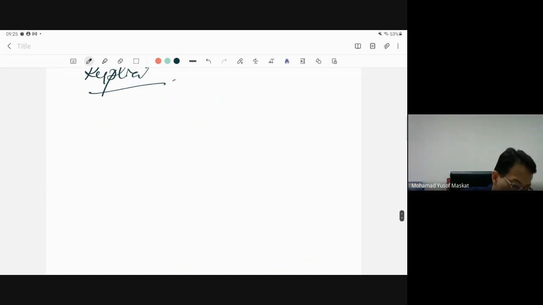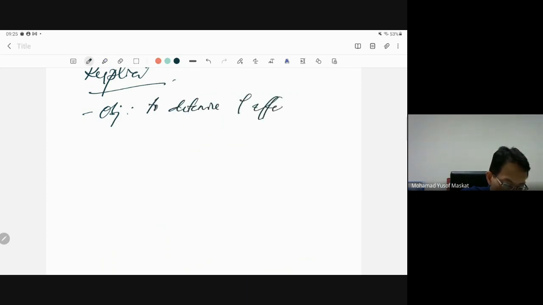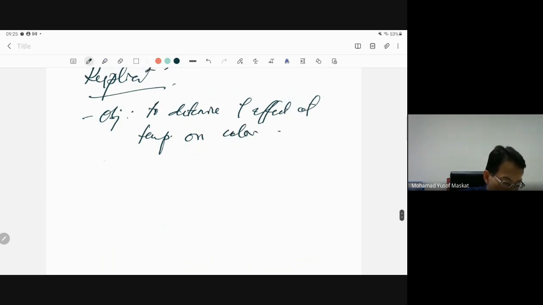For example, if our objective is to determine the effect of temperature on color, what effect are we looking at? The effect of temperature. So temperature is the factor.